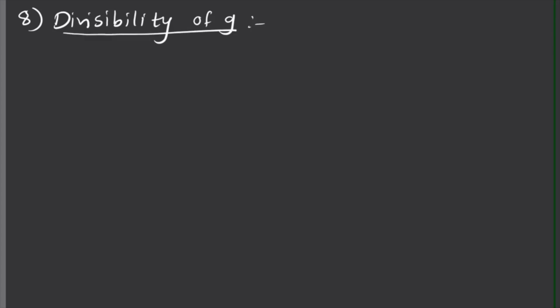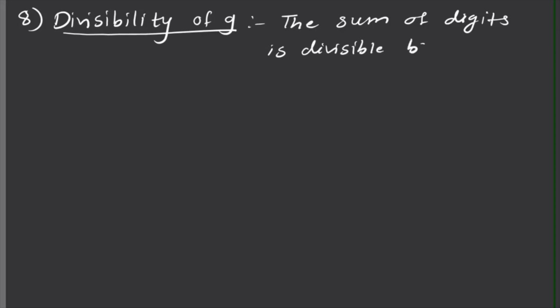A number is divisible by 9 if the sum of its digits is divisible by 9. The sum of digits is divisible by 9. Let's have an example.